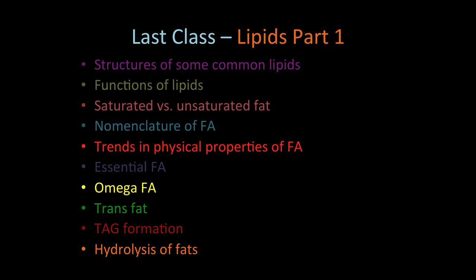We were able to look at the 2 essential fatty acids, omega fatty acids in general, what are trans fat. We looked at the chemistry behind TAG formation, and we also looked at the hydrolysis of fats. So if you are going through this list and you're seeing something here that you're not familiar with, well, then you definitely need to go back to the BiochemJM YouTube channel and look for lipids part 1 and go through that before you continue with part 2.